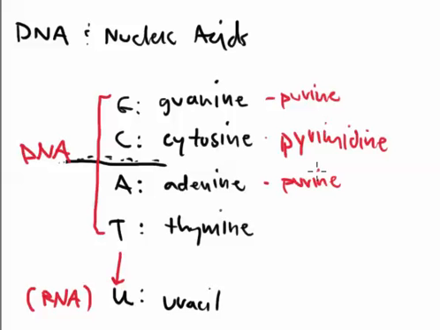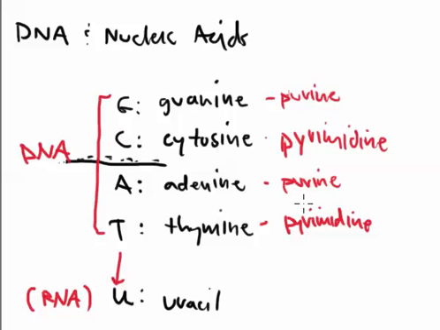All right, so that is a pyrimidine, and thymine is also a pyrimidine as well. So what you're seeing here is that a purine and pyrimidine are kind of coming hand in hand, and a purine and pyrimidine are coming hand in hand down here. So we have one of each in the couple. It's kind of like male and female, right? So we get this nice couple of G and C, and we get this nice couple of A and T.